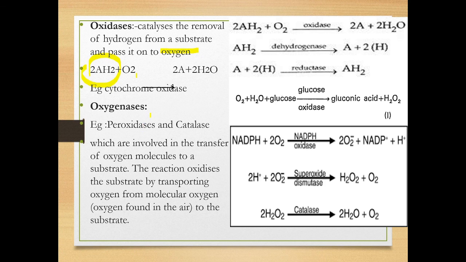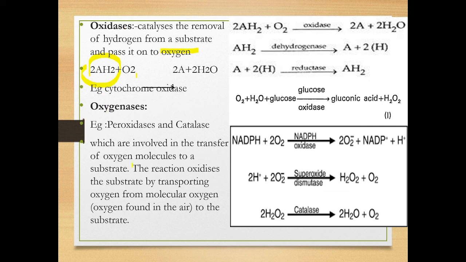And third one is the oxygenases. There are two enzymes under that, peroxidase and catalase. They are involved in the transfer of oxygen molecule to a substrate. So dehydrogenases and oxidases transfer hydrogen atom.